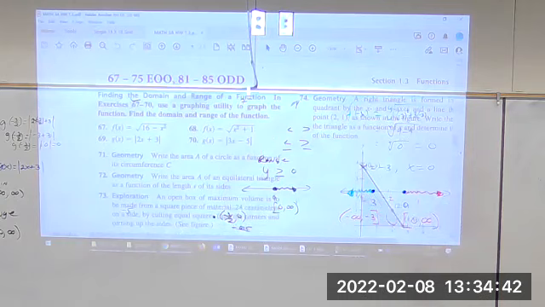Write the area A of a circle as a function of its circumference, C. So the area as a function of the circumference. Basically, when you write f as a function of x, it's f of x.